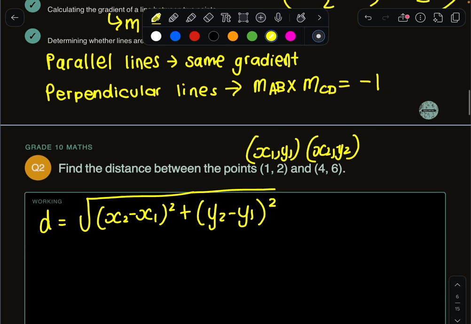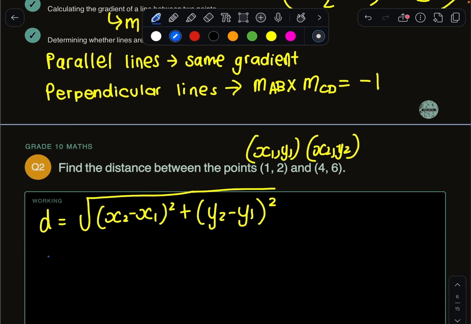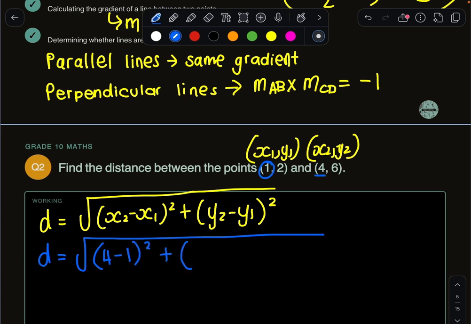So if we plug in these values here, our distance is going to be x2, we said, is 4, minus x1, which is 1, squared, add y2, we said is 6, minus y1, which is 2, squared. We can just simplify a bit in the brackets.